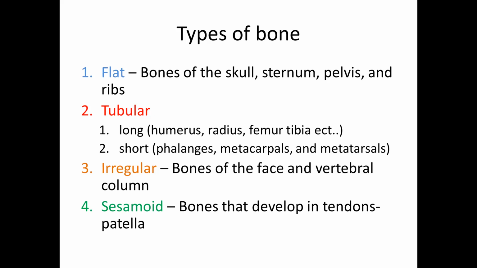And short tubular bones, like phalanx, metacarpals, and metatarsals. Then there are also irregular bones, which form the facial skeleton and the vertebral column. Then you have what are called sesamoid bones, which develop inside the tendons, like the patella at the knee joint.